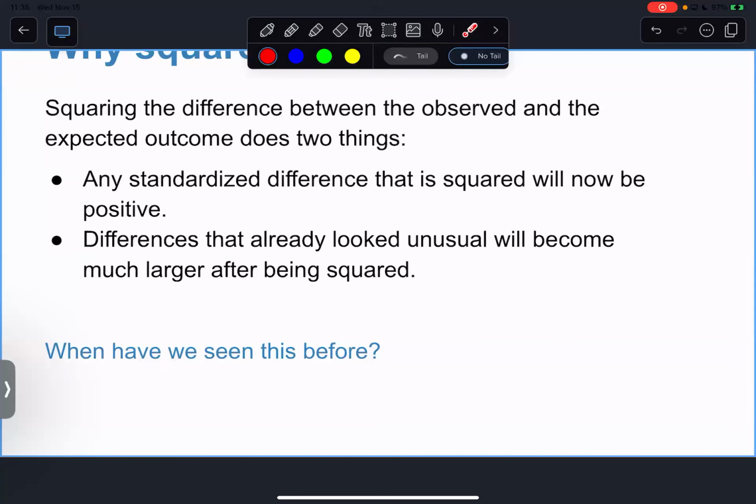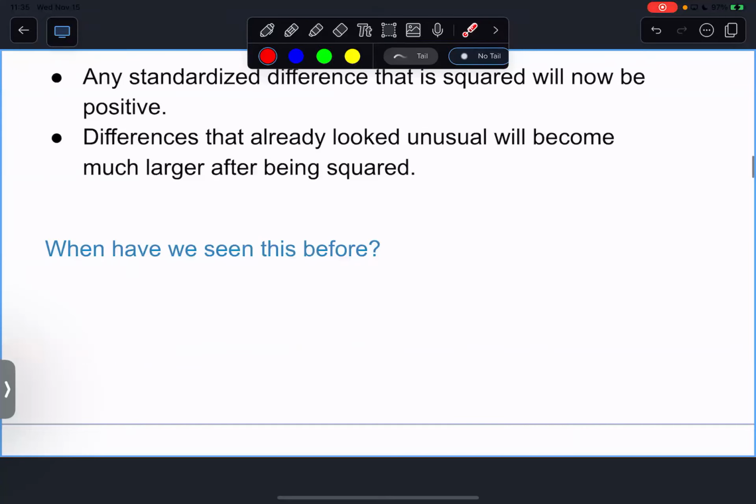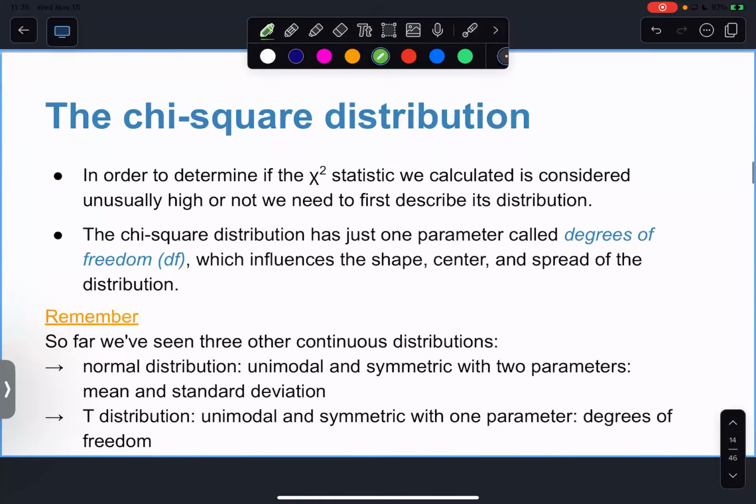That's a reason for squaring. And I'll just add this here. We've seen this in the standard deviation calculation, and we'll see it again later, more times.